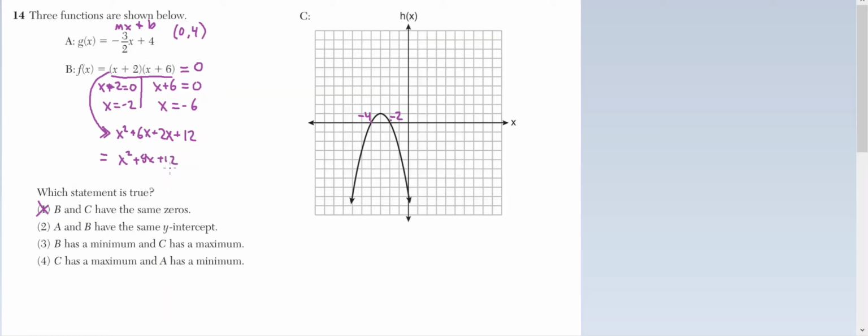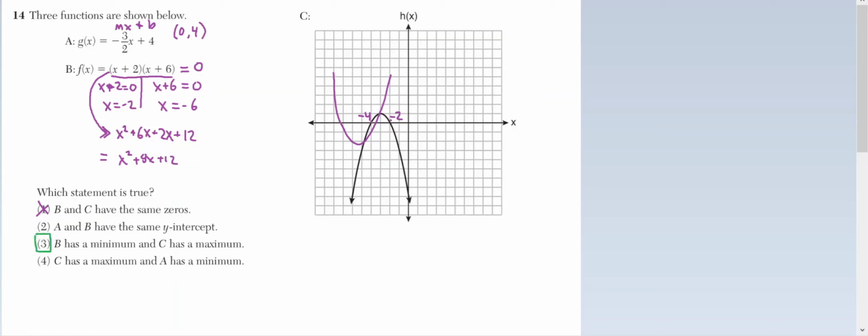And if you could just put this in your calculator too, then we can get some behavior based on the shape. So let's plug function B into the calculator. And the graph that I get is very roughly something like this. So that would imply that B has a minimum, C has a maximum, so we're inclined to choose that.